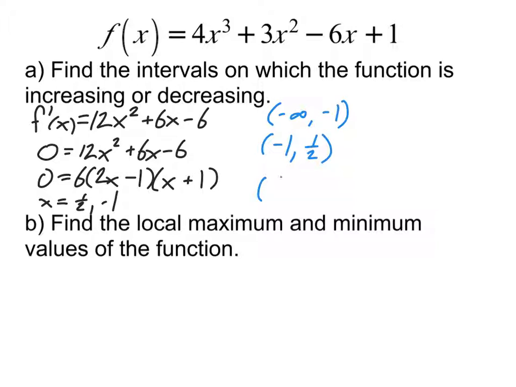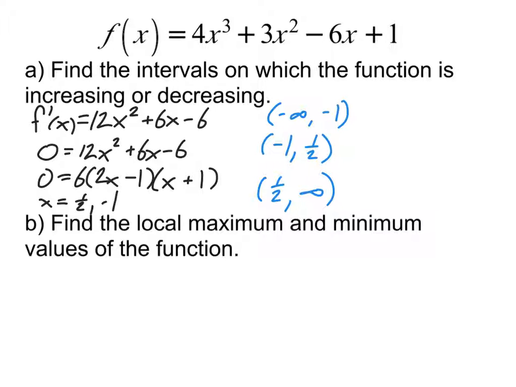And then we go from the 1/2 up to positive infinity. So those are the three possible intervals. Basically, I just took the whole -infinity up to infinity, and I broke it up on those lines. Wherever the solutions are, wherever it equals 0, those are the dividing lines.